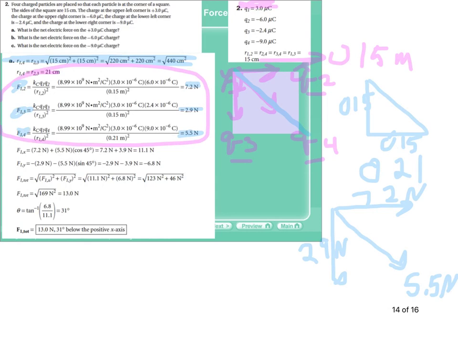Now, the one at the angle here, the 5.5 newtons, we're going to want to break into its components. And we would know that this thing coming down here has got to be at a 45-degree angle. So that's our theta, because we got a square, which divides it in half.